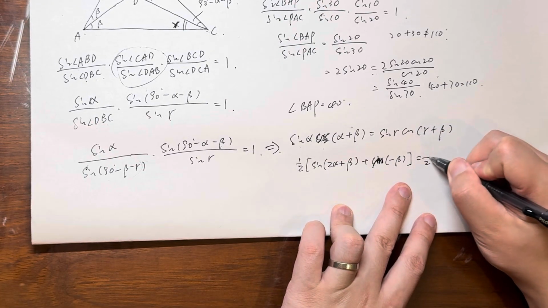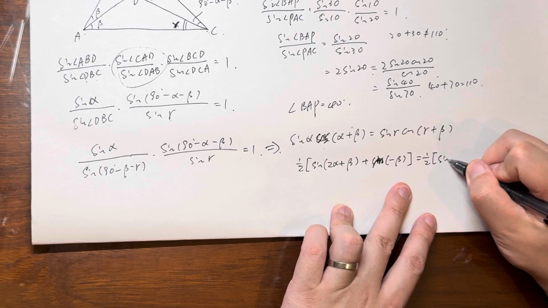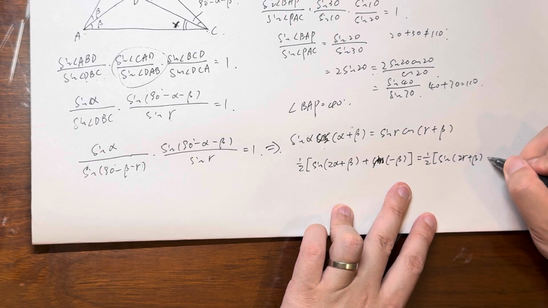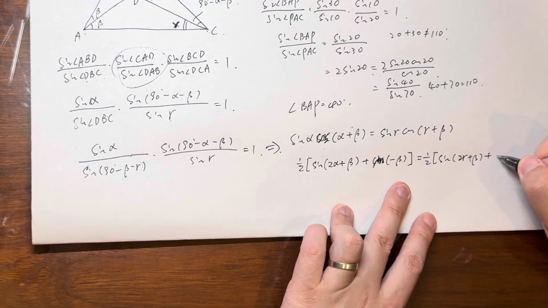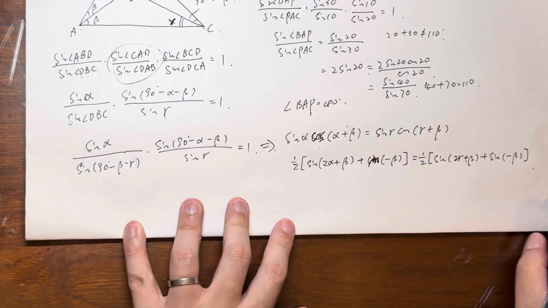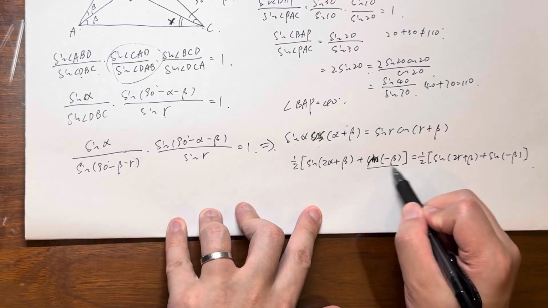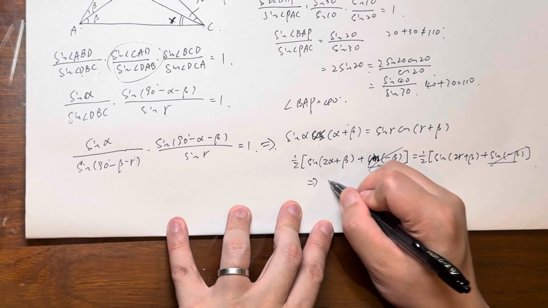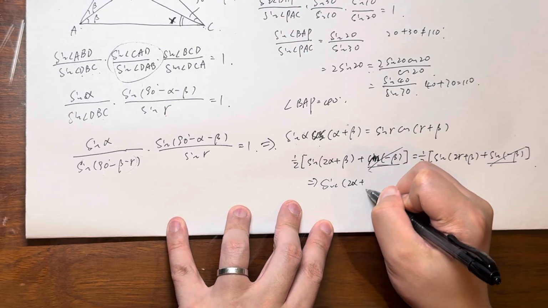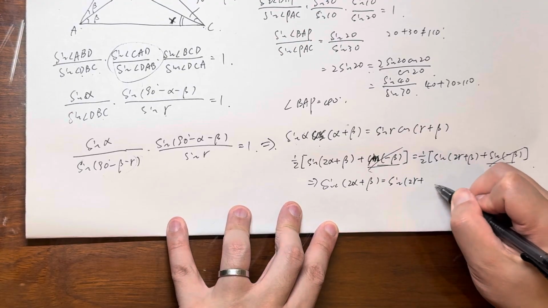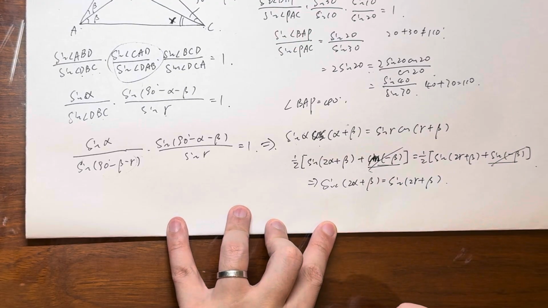It equals half of sin of this one plus this one, 2 gamma plus beta, plus sin of this one minus this one, which is minus beta. We know these two are equal, so we cancel them, which means we get sin of 2 alpha plus beta equals sin of 2 gamma plus beta.